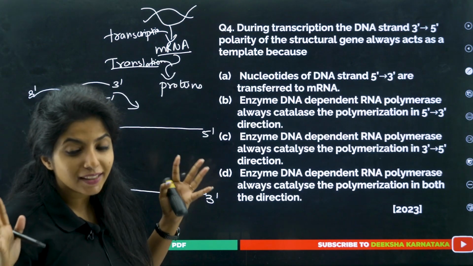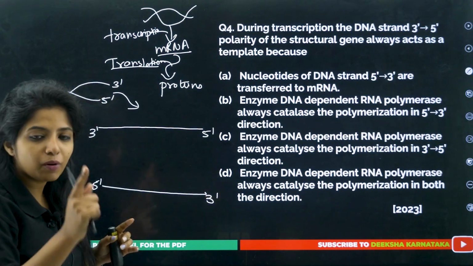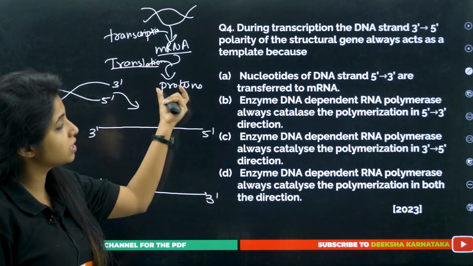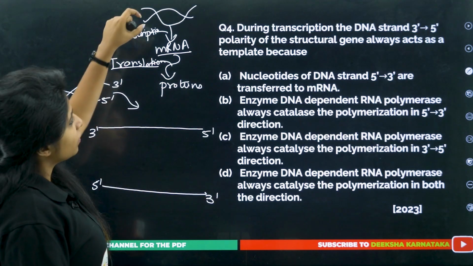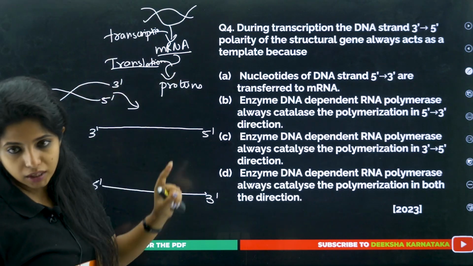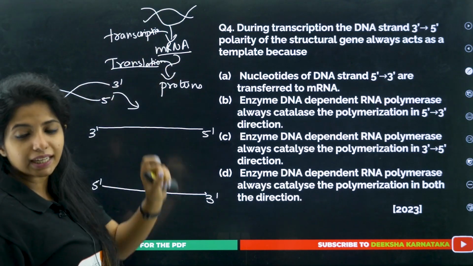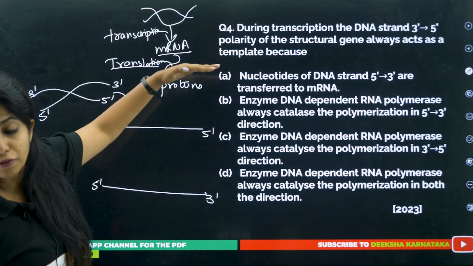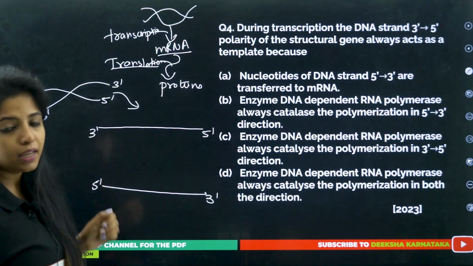No one is able to understand the language of mRNA, but there will be one guy who will be able to understand, that is the tRNA. So basically it helps in translation, and hence we get the proteins. So in a way, DNA is helping in the formation of proteins, but over here we need an intermediate guy, that is mRNA.